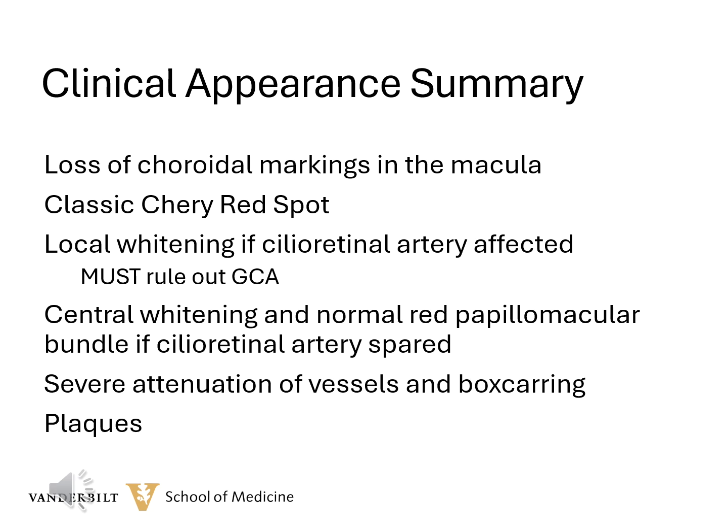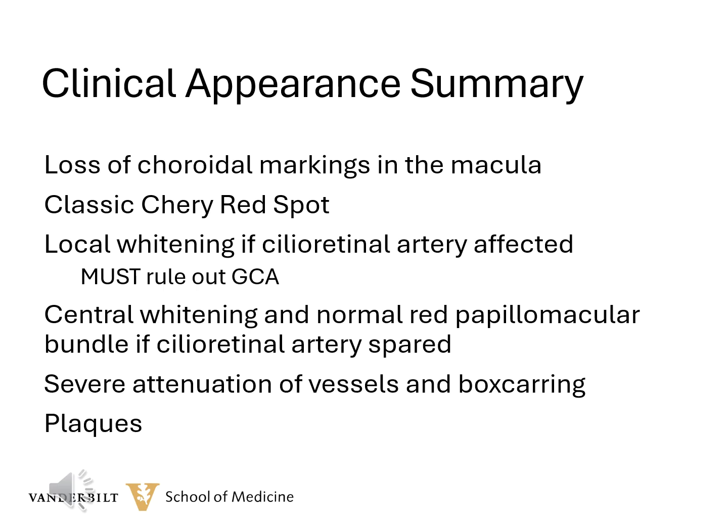So, in summary, in the clinical appearances, generally you will have some macular edema, whitening of the retina, and loss of the choroidal markings. You may or may not have the classic cherry red spot depending on how much edema has occurred.